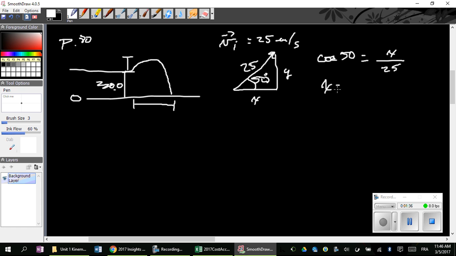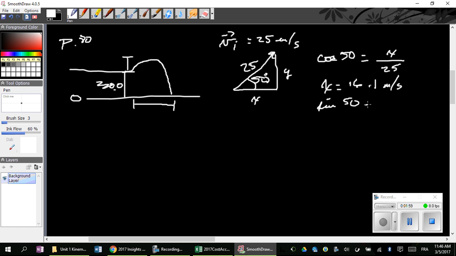So we know that X is 25 times cos 50, which is 16.1 meters per second.